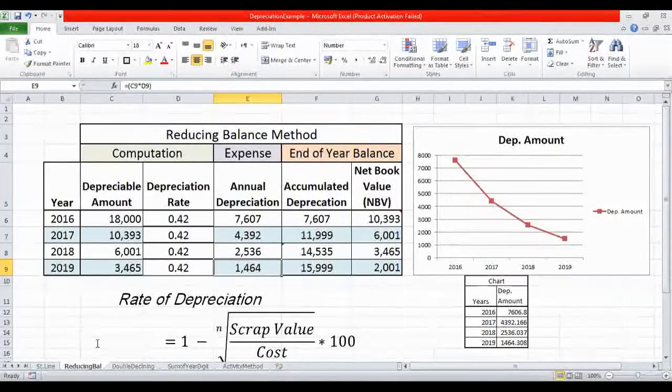But as the plant, equipment or machine becomes old, they are not that efficient, so they cannot produce that much amount of units. So these are the methods.